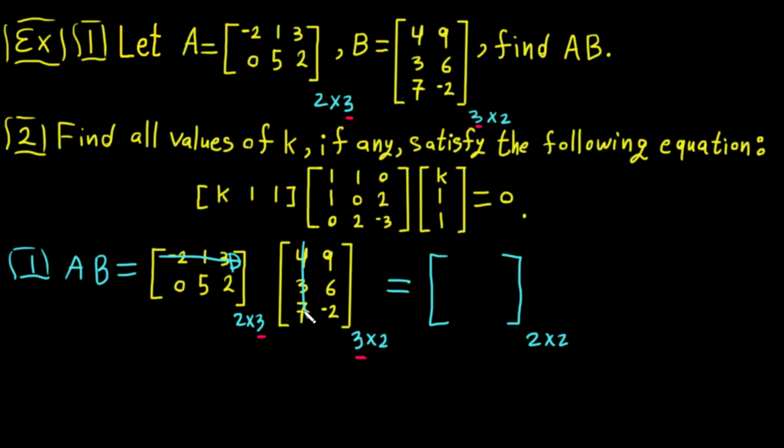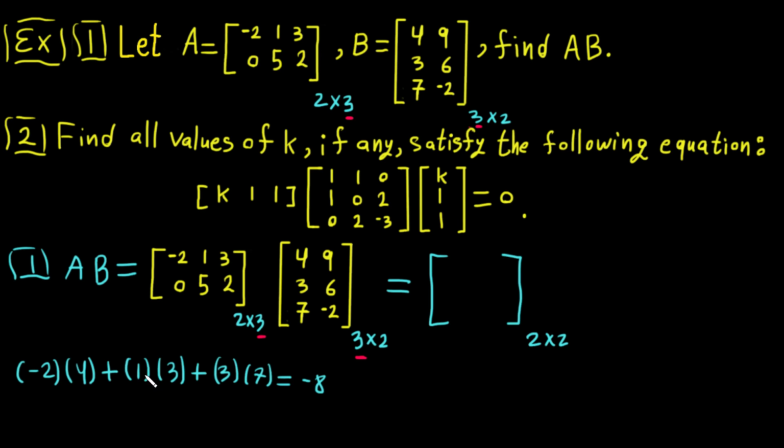Multiply this row by this column, we will get this entry. So minus 2 multiplied by 4, plus 1 multiplied by 3, plus 3 multiplied by 7, which is minus 2 multiplied by 4, which is negative 8, plus 3, because 1 multiplied by 3 is 3, and 3 multiplied by 7, which is 21.